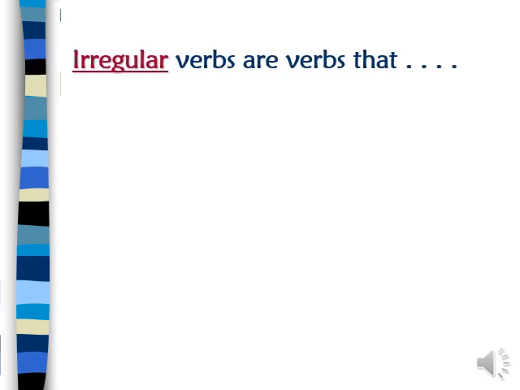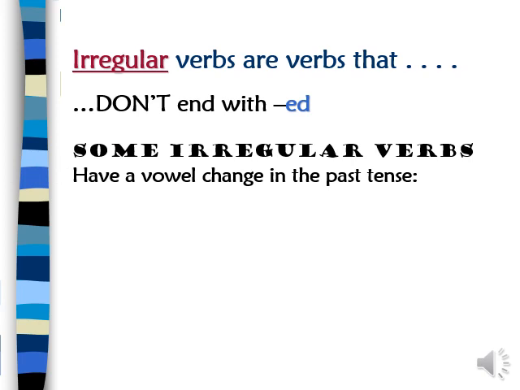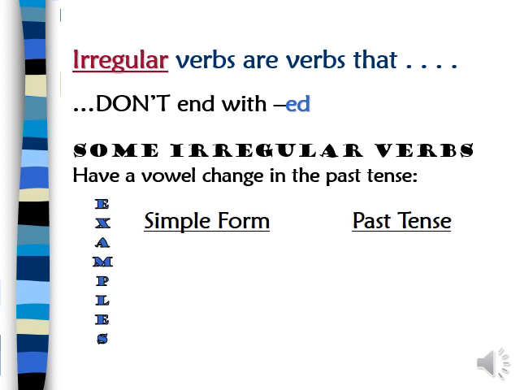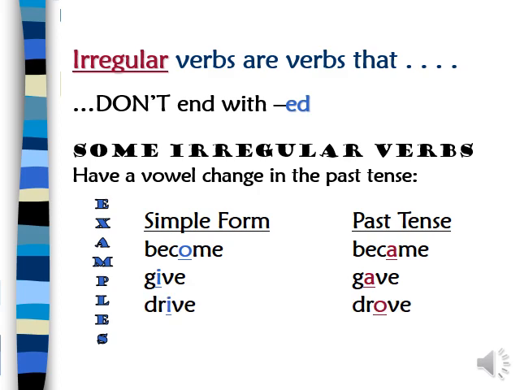Irregular verbs are verbs that don't end with ed. Some irregular verbs have a vowel change in the past tense. For example, the verb become, became; give, gave; drive, drove; forget, forgot.